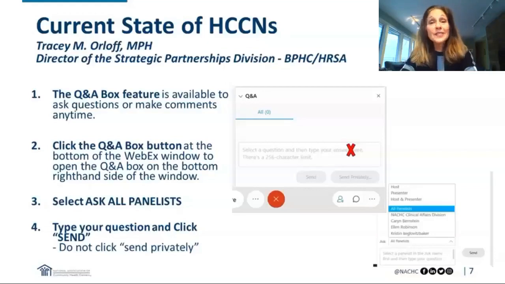So you will continue to see a growing emphasis on health center controlled network collaboration and partnership, peer learning to speed up the spread of good ideas and information and how we do things, and then the use of data and innovation to drive impact and value from both HRSA and BPHC, which helps us tell the health center story. And telling that story is very, very important.